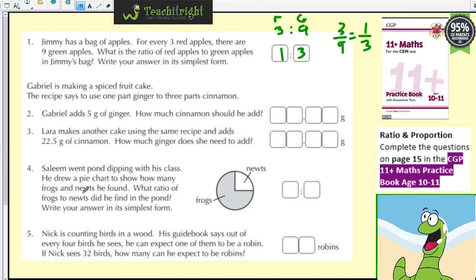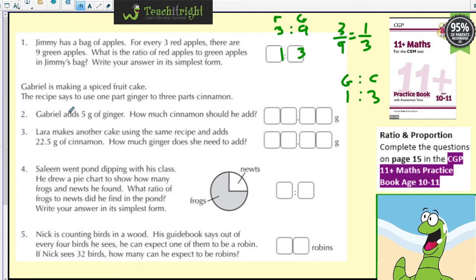Next one, Gabriel is making a spiced fruitcake. The recipe says to use 1 part ginger to 3 parts cinnamon. Gabriel adds 5 grams of ginger. How much cinnamon should he add? So 1 part ginger, so that's 1 ginger to 3 cinnamon. So put that here.